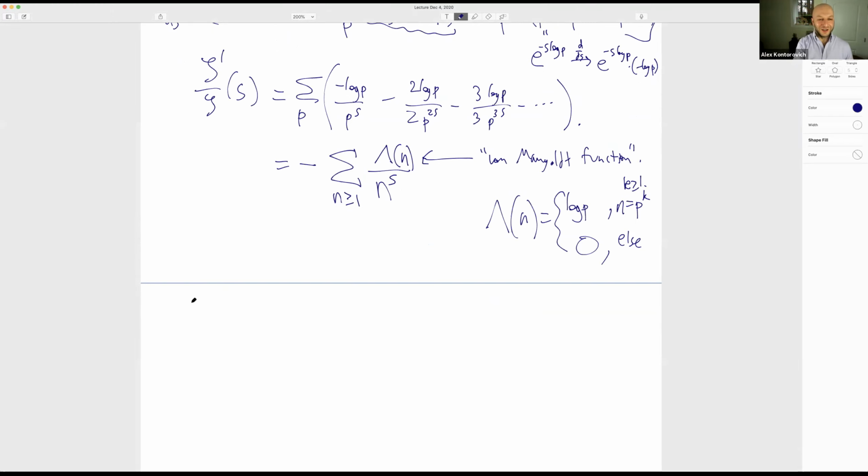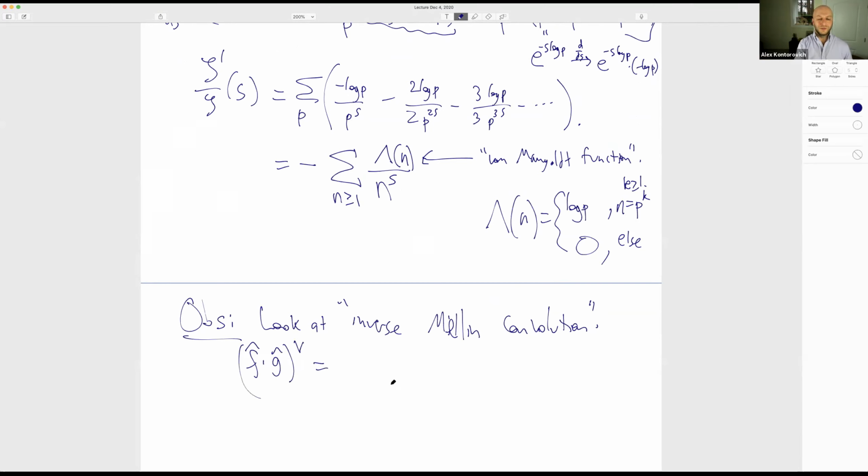So here's the next key observation: to look at an inverse Mellin convolution. I think we saw this before. If you take two Fourier transforms and you multiply them, and then you take the inverse Fourier transform, do you remember what happens? Did we talk about this? I think we didn't.